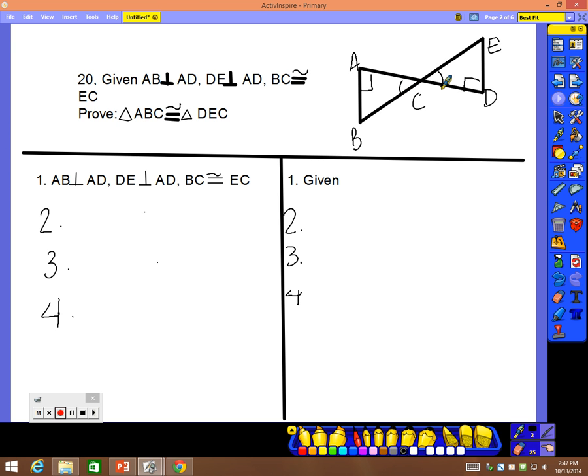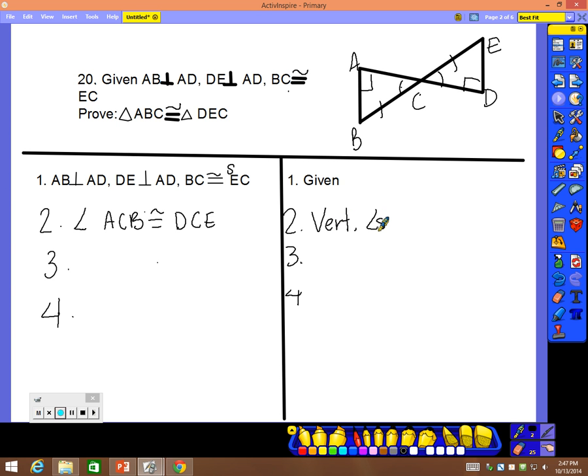And then the other bit of given is BC congruent to EC. So it looks to me like I have angle, side. I just have to get that information in there somehow. BC and EC were a given. There's my side right there. And it looks to me like angle ACB congruent to angle DCE because of vertical angles.